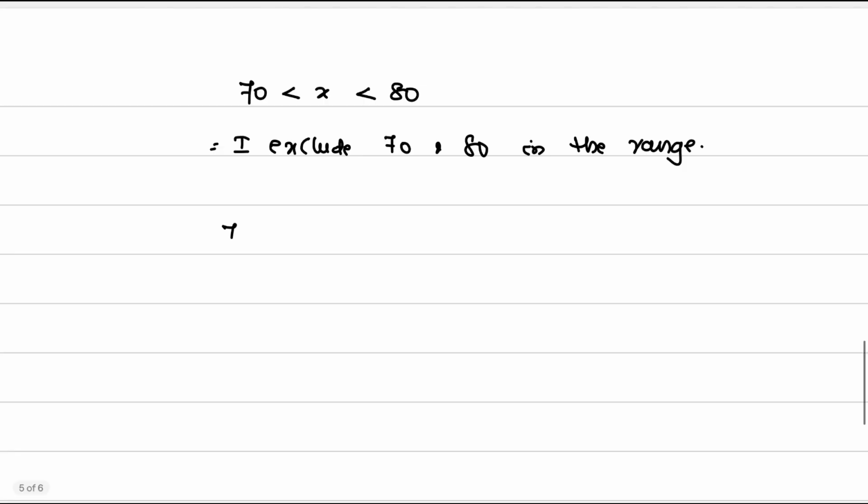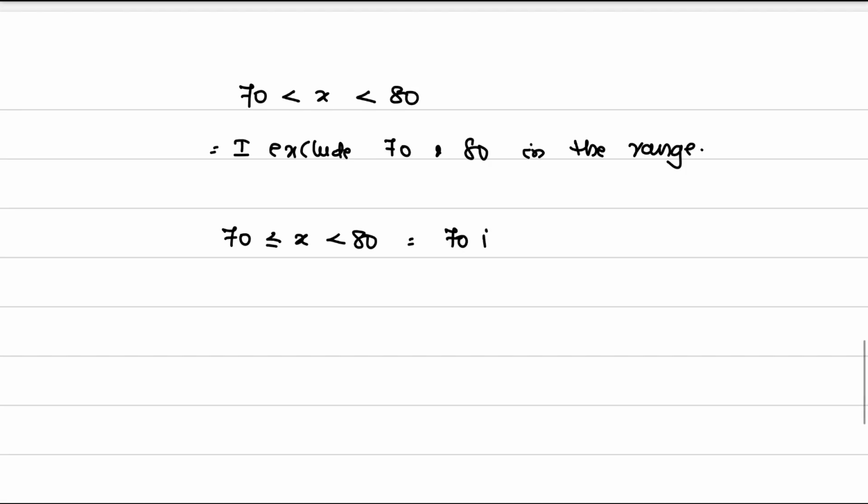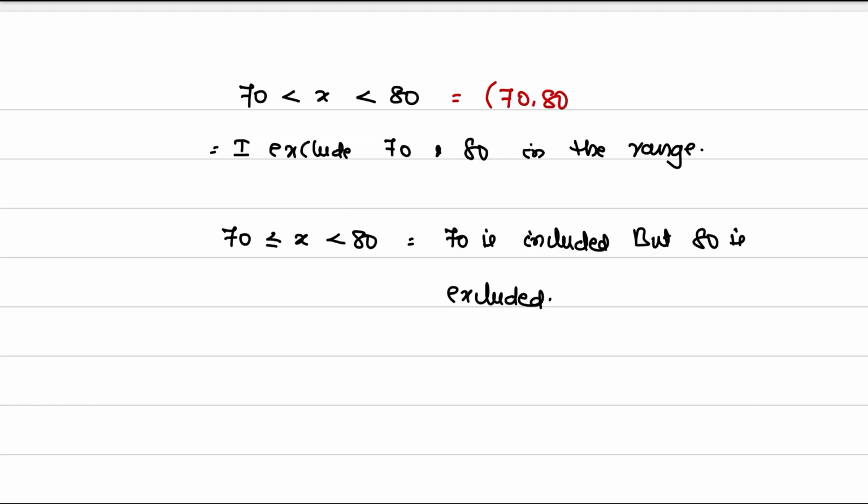If I say 70 is less than or equal to x is less than 80, then 70 is included, but 80 is excluded in the interval, in the range. This can be written in shorter form as (70, 80).